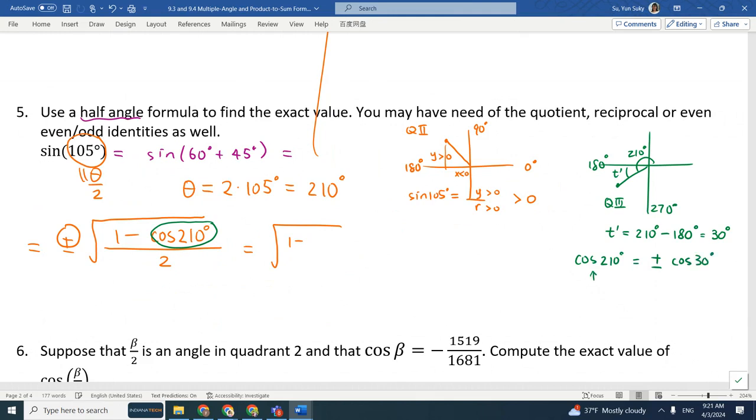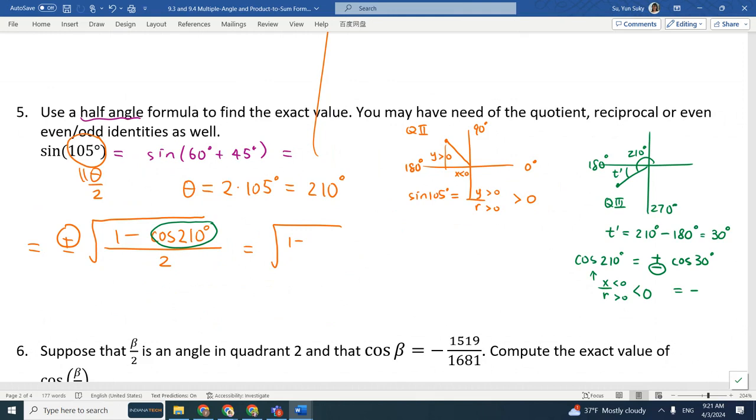But plus or minus depends on the quadrant. In quadrant 3, what is cosine in terms of x, y, r? x over r. Look at your x. Is it positive or negative? Negative. And your r is positive. So the whole thing is negative. Therefore, it's negative cosine of 30 degrees.